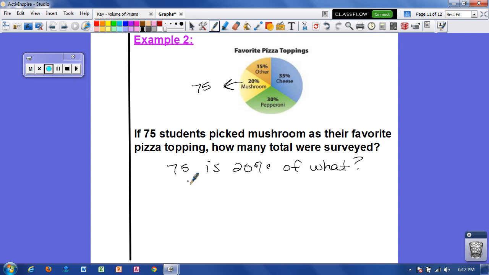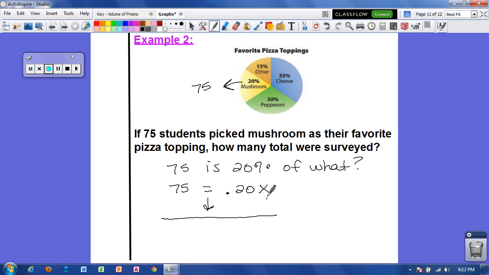So I'm just going to copy what I know and I'm going to translate this. So 75 equals, change my percent to a decimal, 0.20, of means to multiply, what means X. So if I take 0.20 times the total number, that should give me 75. So now I just have a one-step equation, and I want to isolate my variable.